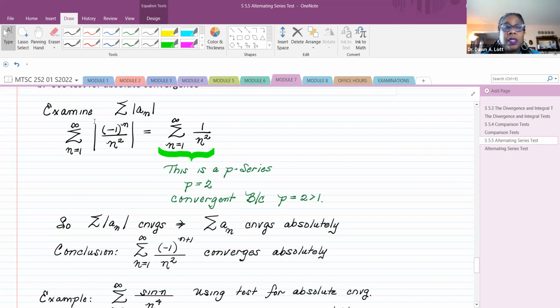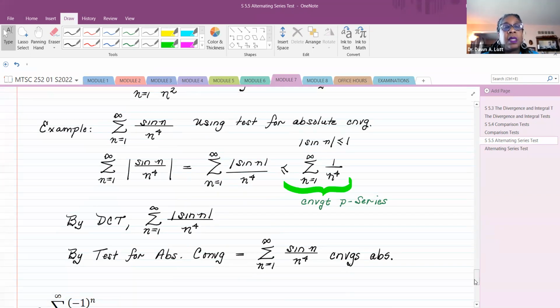If that series converges, then the original series converges absolutely. So for this one, I looked at the absolute value and got the summation of 1 over n squared. That was a p-series, and it converged, so the original series converges absolutely. In the second example, I got sine of n over n to the 4th.